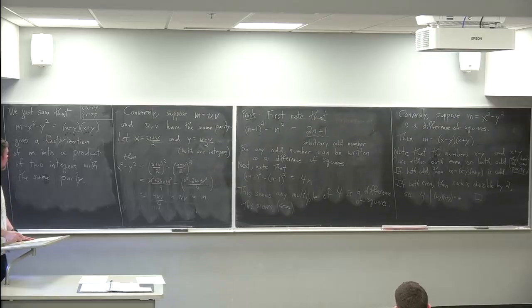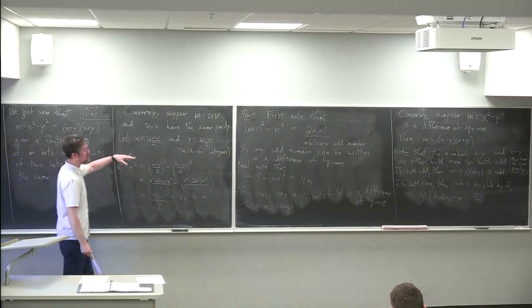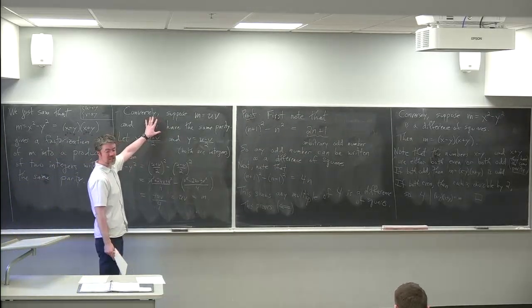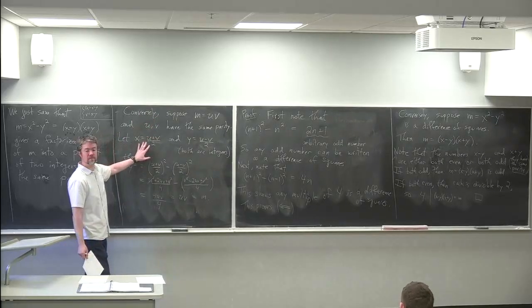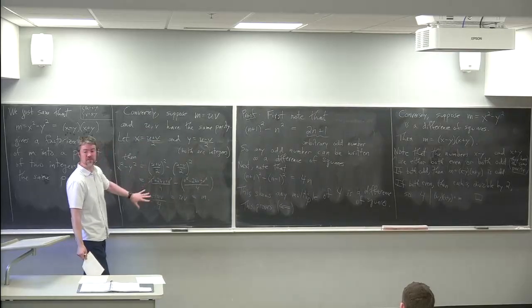So what we're seeing on here are sort of two halves of the story. Over here on the left half, we said if it's a difference of squares, then we get a factorization into a product of two integers of the same parity. And here we're saying, if instead you start with the factorization into a product of two things of the same parity, then you can build a difference of squares for m.